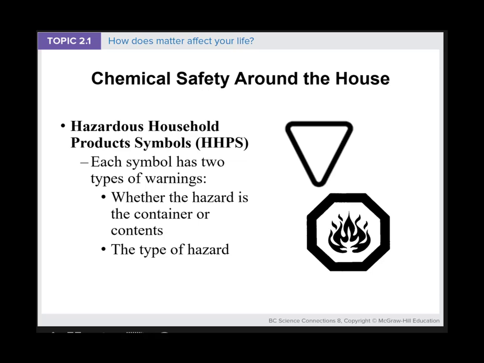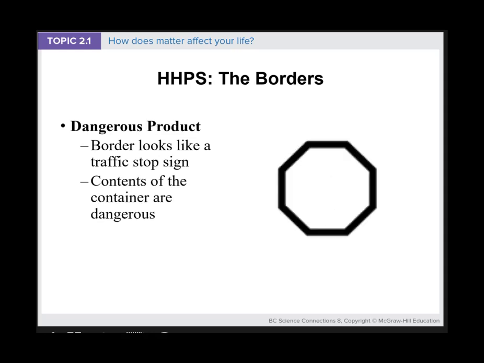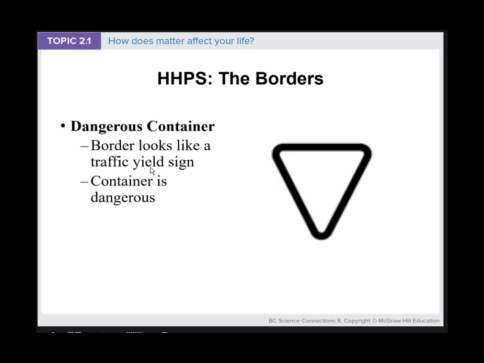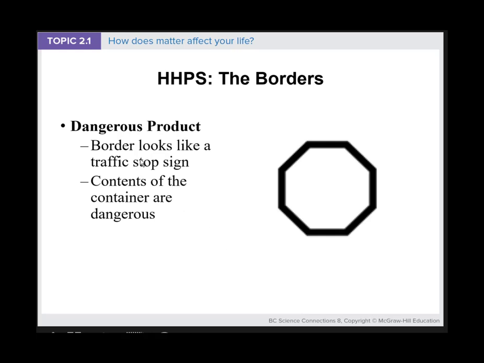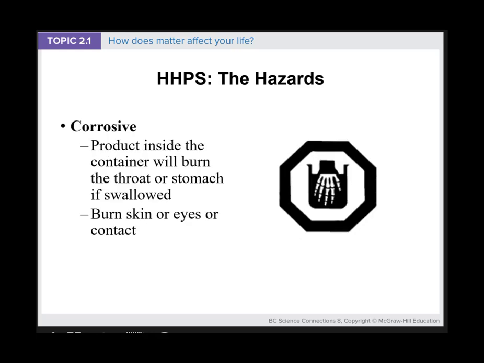warnings and hazards. This is, of course, flammable, dangerous, right? Border looks like a traffic yield sign. It's dangerous. It says the border product looks like a traffic stop sign. Contents of the container are dangerous. This is, of course, explosive. If punctured or heated, pieces can cause serious injury. Corrosive.